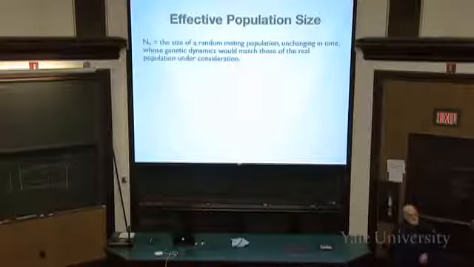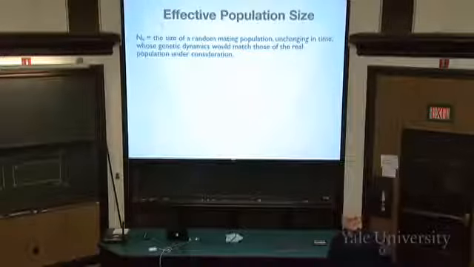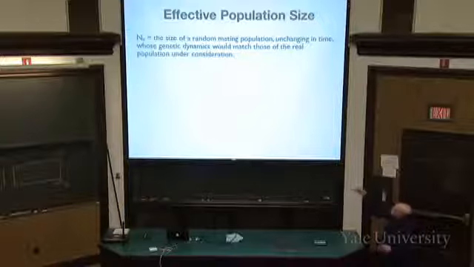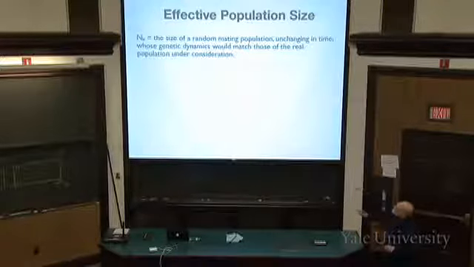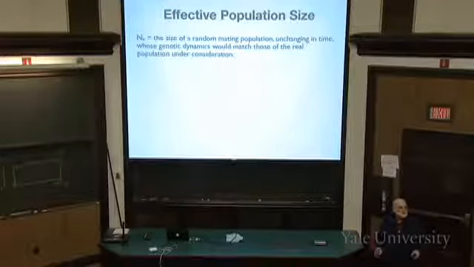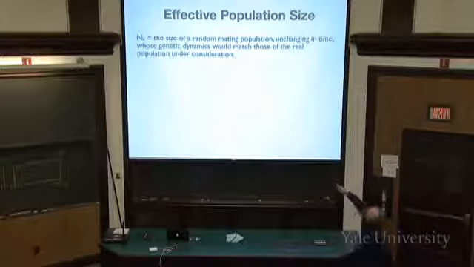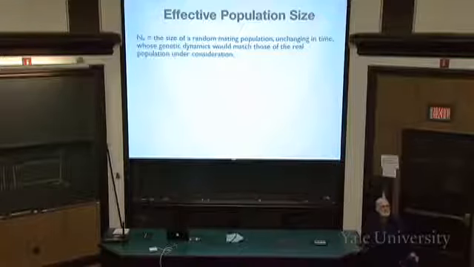Now, there is a technical concept in evolutionary genetics called effective population size. That is the size of a random mating population that is not changing in time, whose genetic dynamics would match those of the real one under consideration. We know that there are lots of violations of these assumptions. Populations don't have random mating, they are changing in time, and so on.